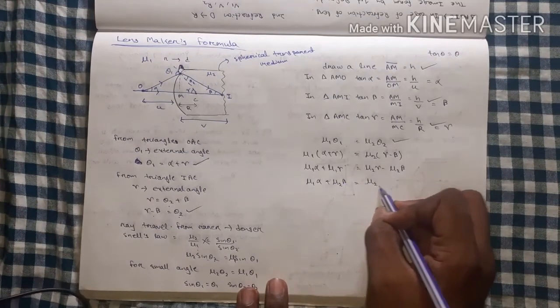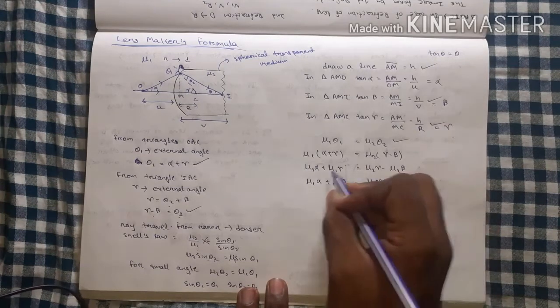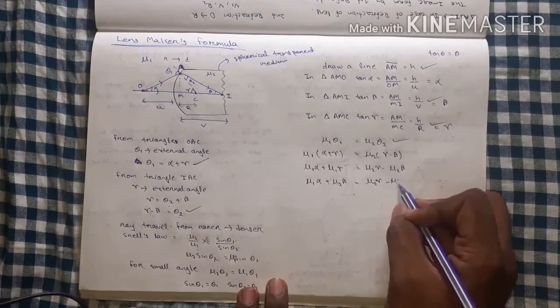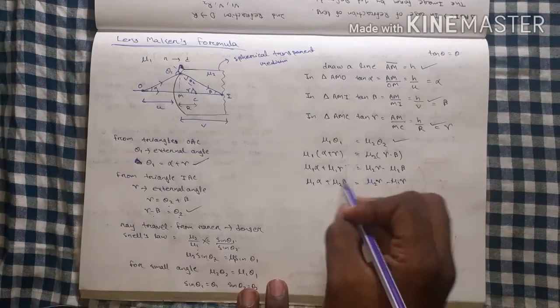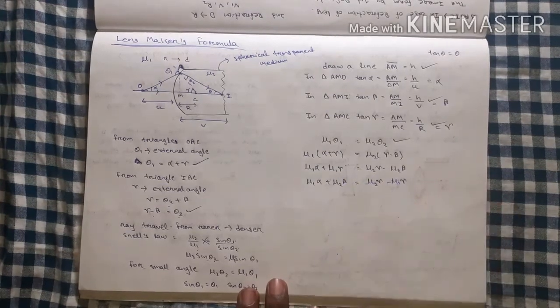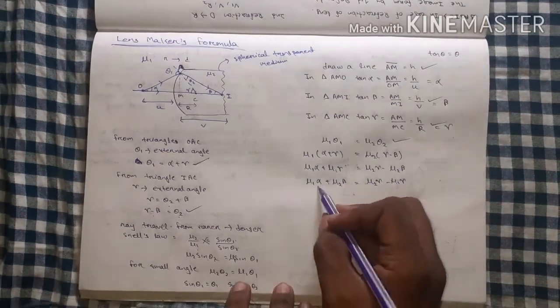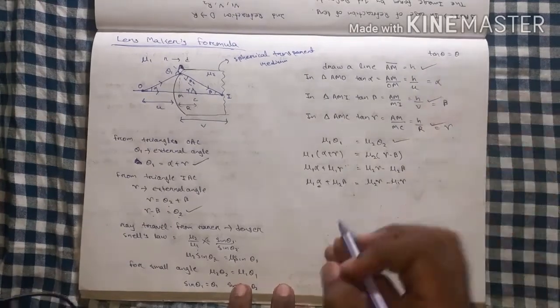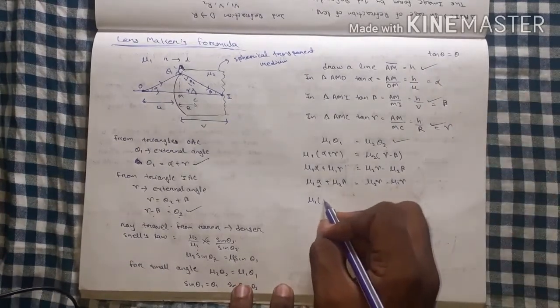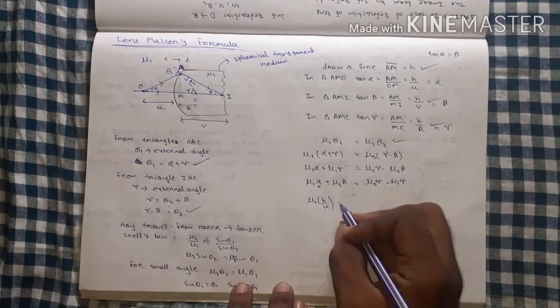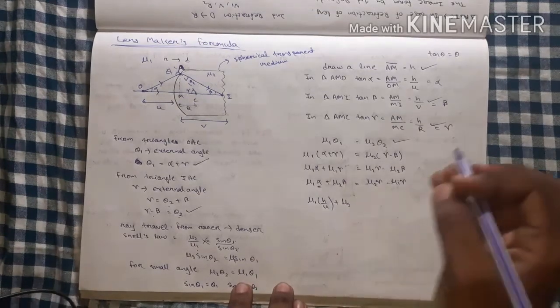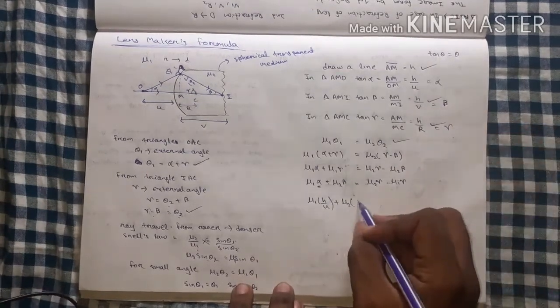Here, sorry, mu 2 gamma, mu 1 gamma. Take gamma to one side. Then alpha equal to what? Alpha equal to h by u, so mu 1 into h by u, plus mu 2 into beta, beta equal to h by v, h by v.